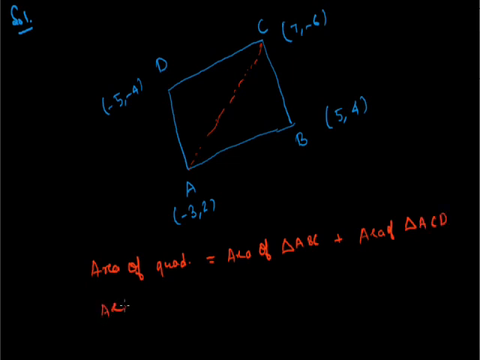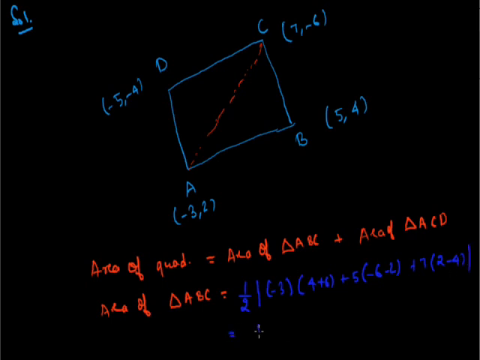Area of triangle ABC is equal to half modulus minus 3 multiplied by (4 plus 6) plus 5 multiplied by (minus 6 minus 2) plus 7 multiplied by (2 minus 4).